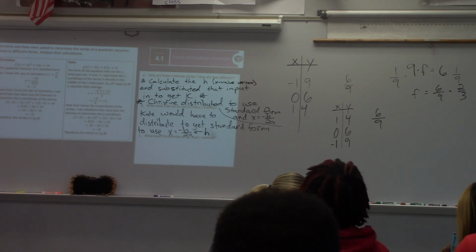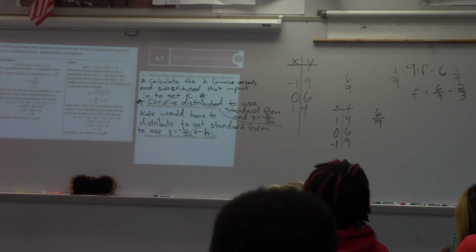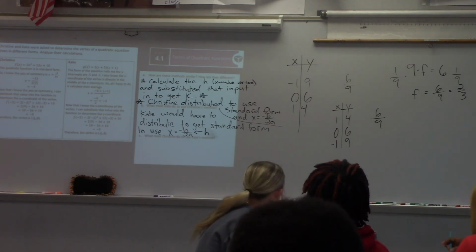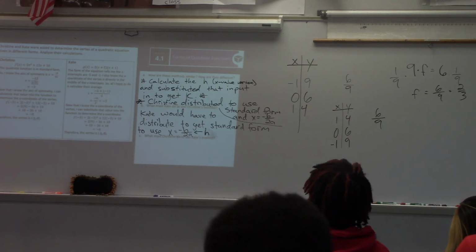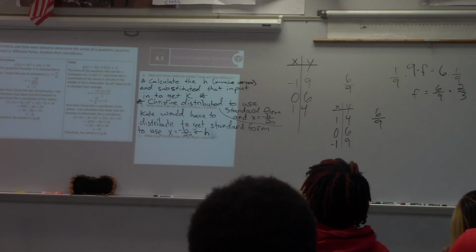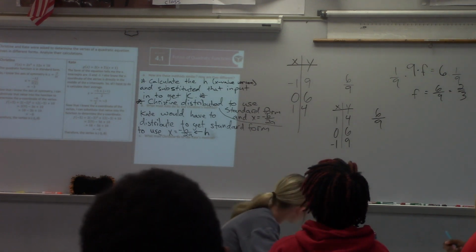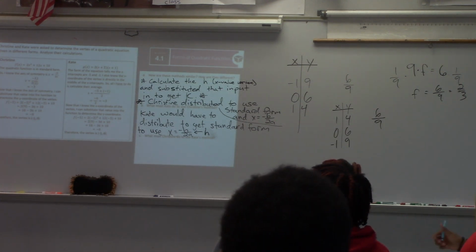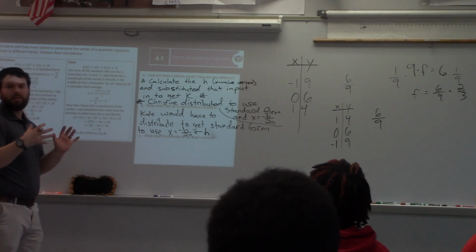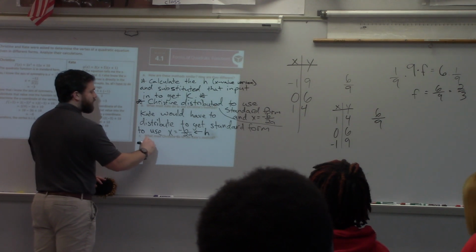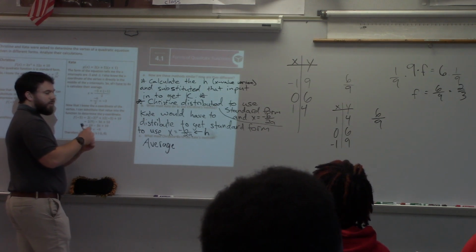So Christine distributed. Kate said, forget that. I know that the vertex is in the middle of the what? The x value is in the middle, or the vertex is in the middle of what? The x-intercepts. So she just averaged her, what did she average to get her h? Which part of the x-intercepts? Remember, there's a name for just that x value of the x-intercepts.